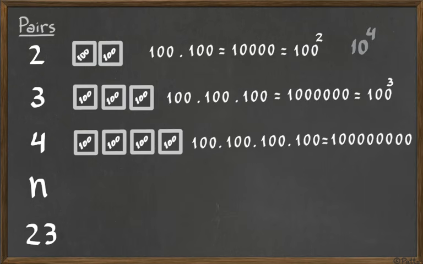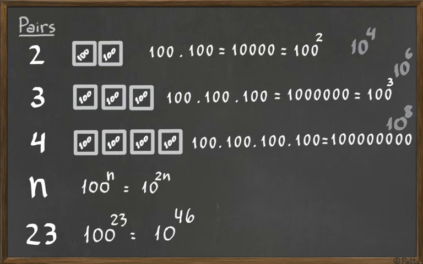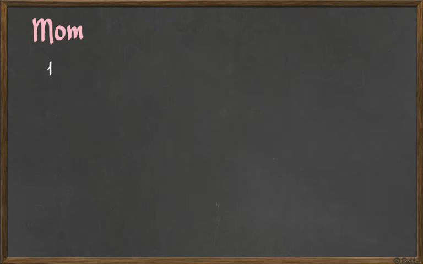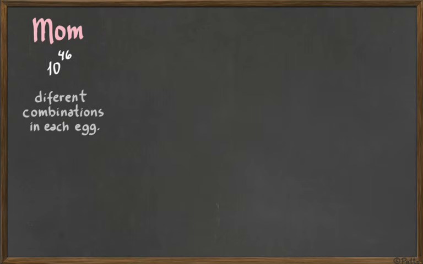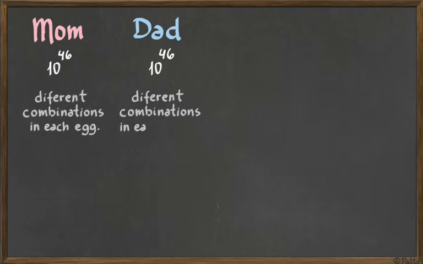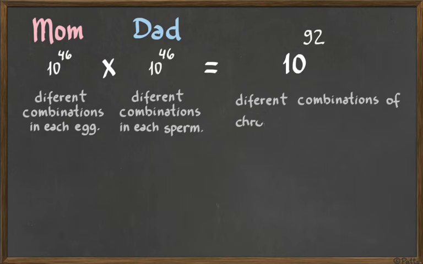If you have n, it's going to be 100 to the power of n, which in humans is 100 to the power of 23, which equals 10 to the power of 46 different combinations. If you get mom and dad, 10 to the power of 46 times 10 to the power of 46, how many different combinations in this very conservative way would we make? 10 to the power of 92. This is still a very big number of combinations.